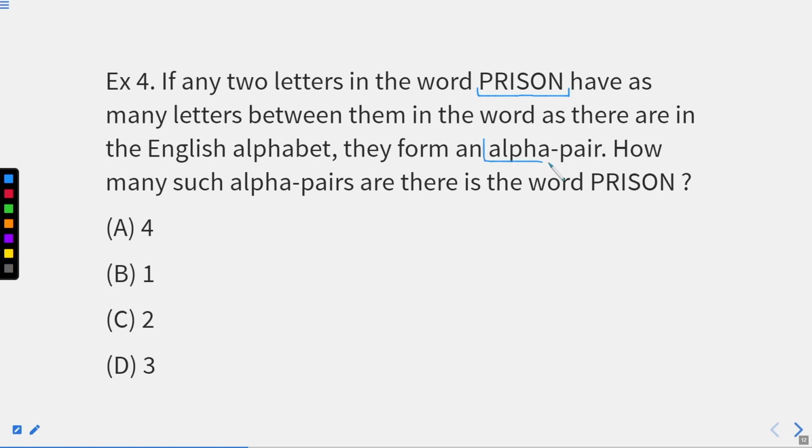So student, mark this word, alpha pair. This is going to be the important concept from this particular question. Alpha pairs are those pairs which have the same number of letters between them as they have in the alphabetical series. So you are given a word, prison. You are supposed to find how many alpha pairs there are.